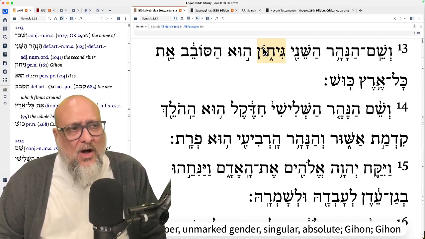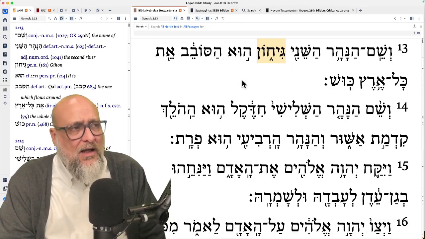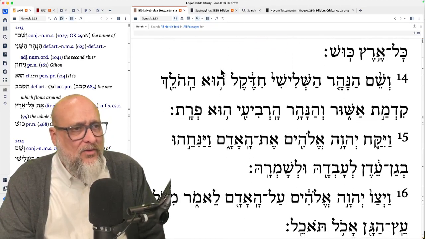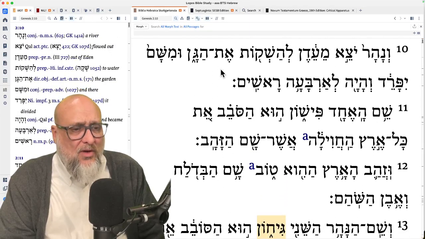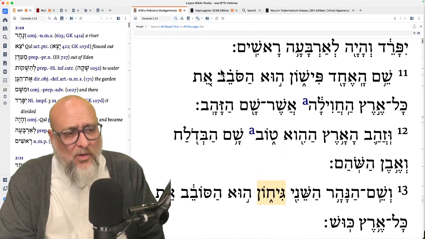And so all of this is connected to the idea of these rivers of Eden. So that's our passage. It's a short little passage, but it's important in Scripture.